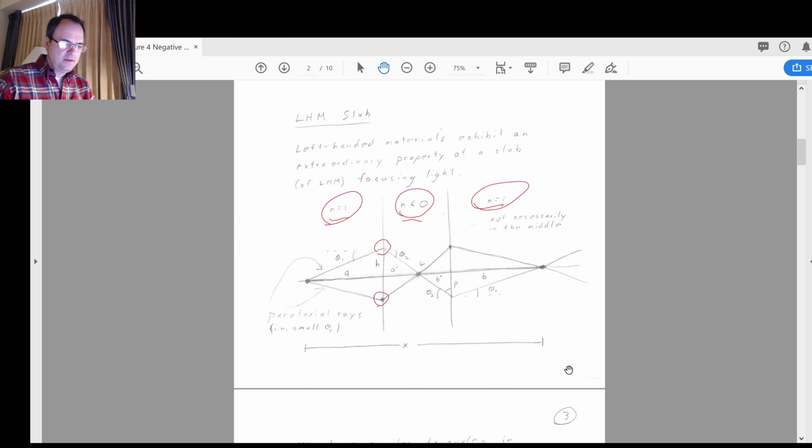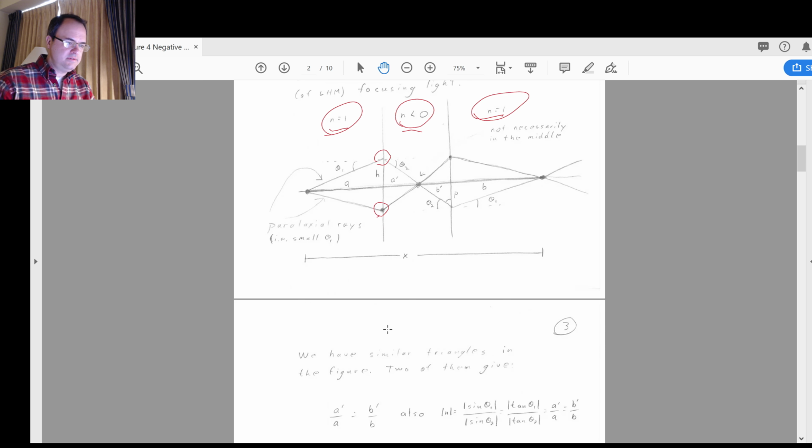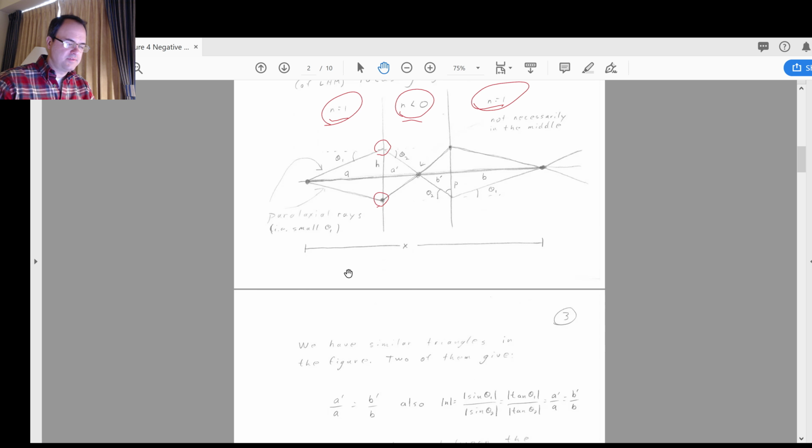We're going to let the slab be a thickness d in extent. And we're going to have image points A away from this interface, and the image point B away from this interface. All right.